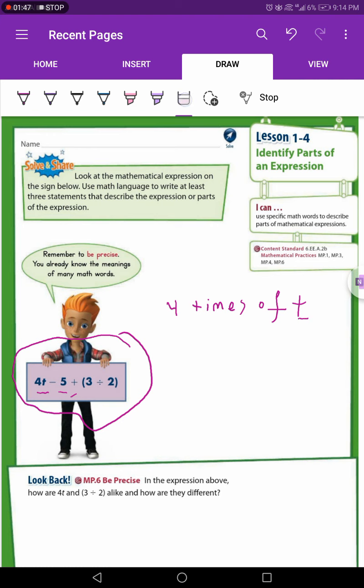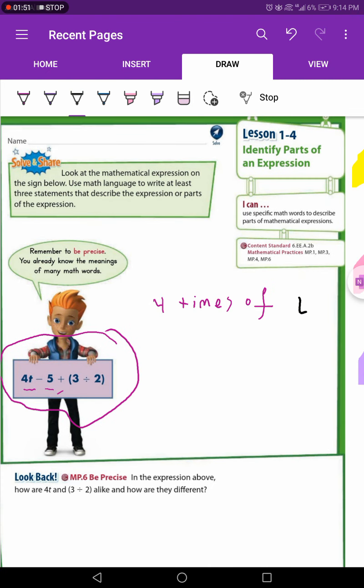This is the variable. And decreased by 5.